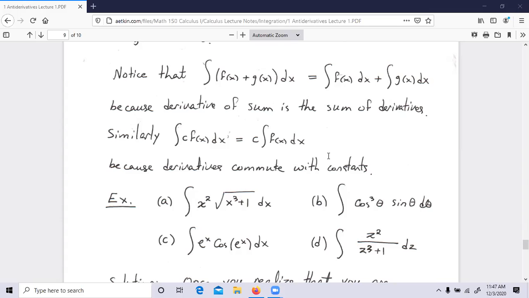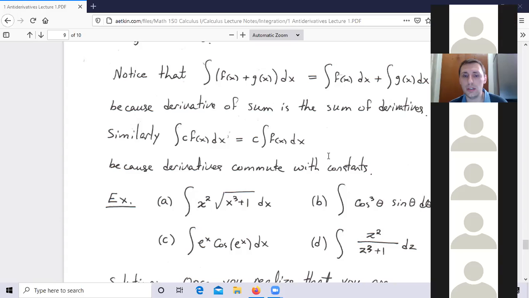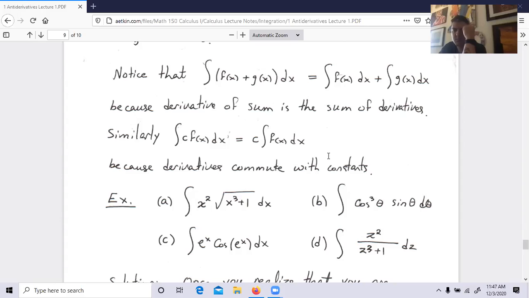Think about it, guys. What do you see here? I will help you in a moment.